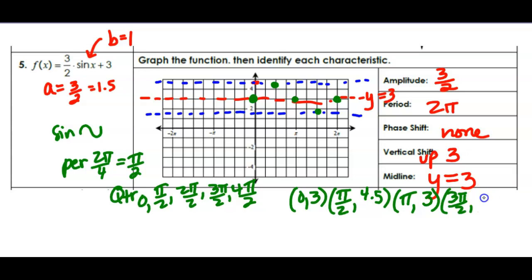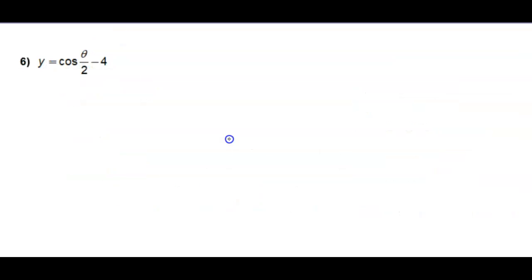And that one's at the bottom, which was 1.5. And then you're back at the midline, out at 2 pi. Now you could draw this, go in the other direction as well. Okay. So a little trickiness, but no phase shift yet.